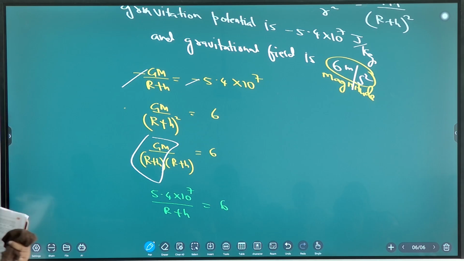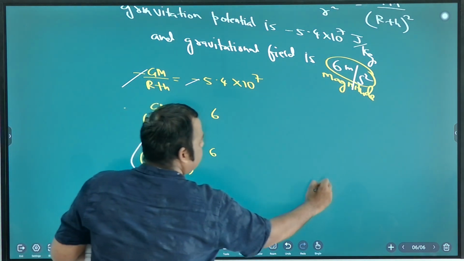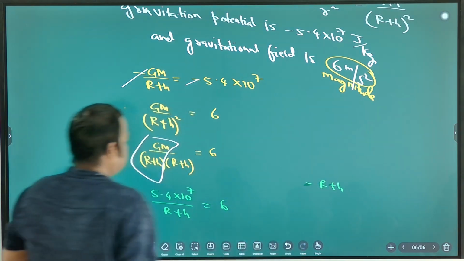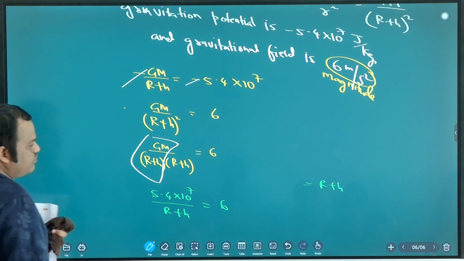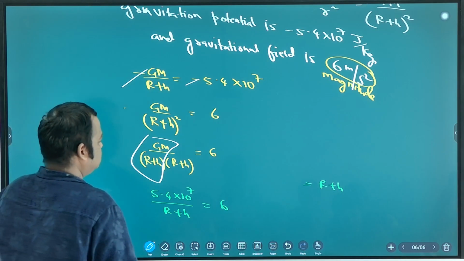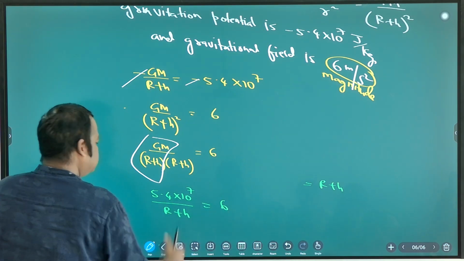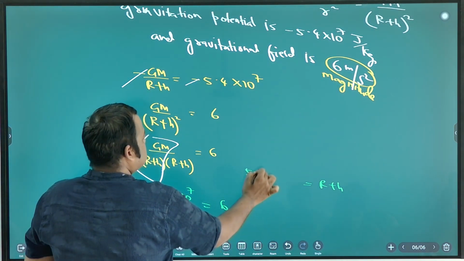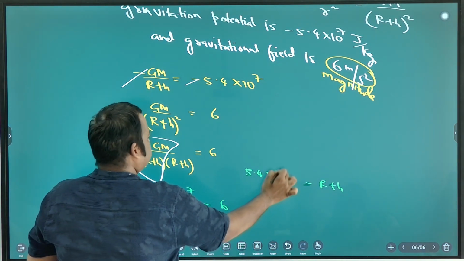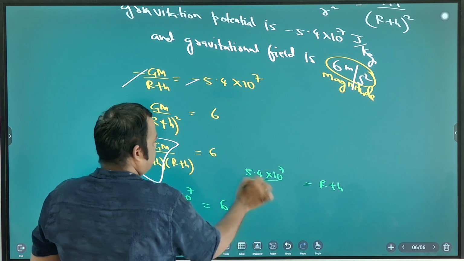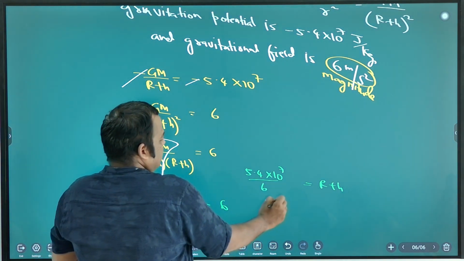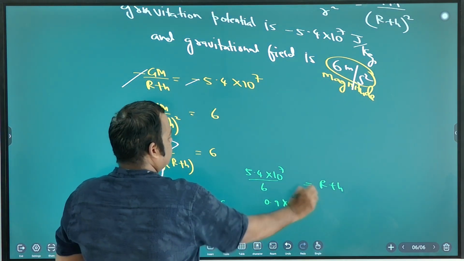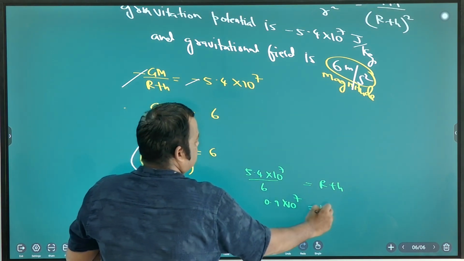So what is R plus H? Now solve. Six you take to the left side. 5.4 into 10 power 7 divided by 6. 5.4 by 6 is 0.9 into 10 power 7 is equal to R plus H.